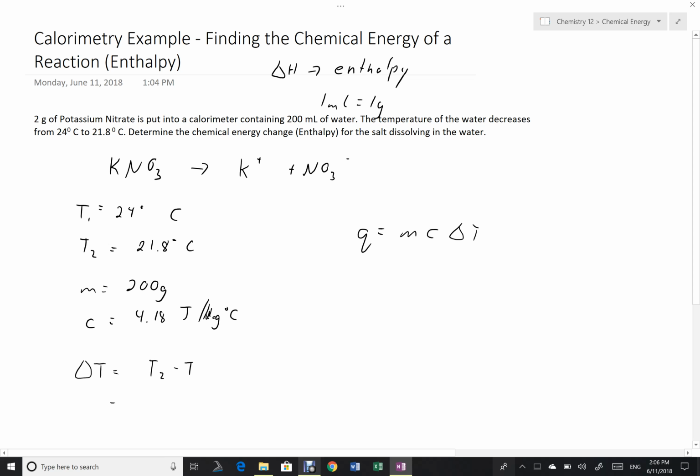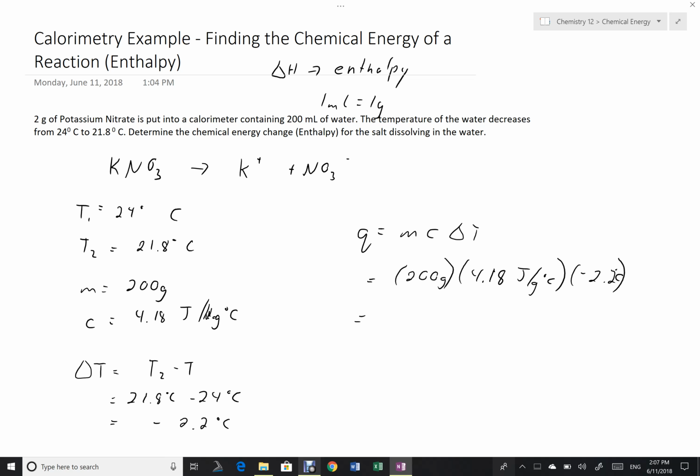T2 minus T1, 21.8 degrees C minus 24 degrees C, negative 2.2 degrees C. So 200 grams, 4.18 joules per gram degree C, delta T, negative 2.2 degrees C. So 200 times 4.18 times 2.2, I get 1,839.2, and that's all negative joules.